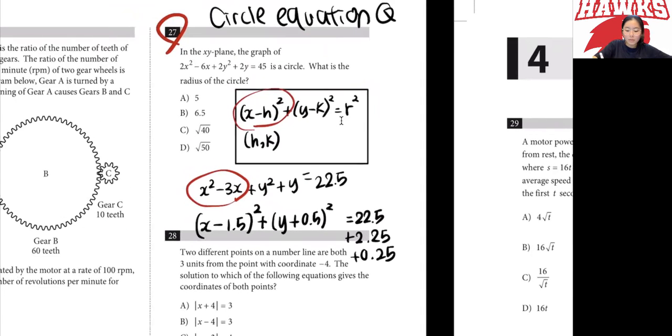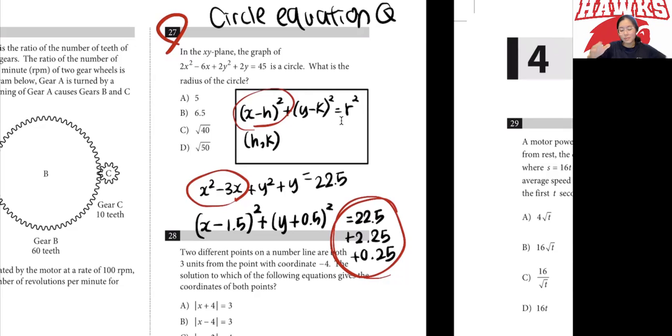And we want to know the radius of the circle. We need to do this calculation properly, but what matters the most is what you get here. This helps you get these two, so it's very important, but this is the final focus. So 22.5 plus 2.25 plus 0.25 is 25.